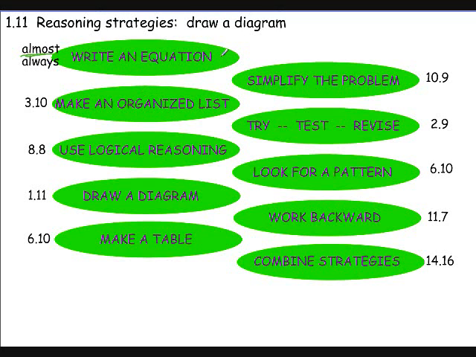But this is a very common strategy. Lots of times we have to mix strategies. We want to write an equation, but in order to figure out what the equation is, we do other things like simplify the problem, make an organized list. In Chapter 3, we had made an organized list.